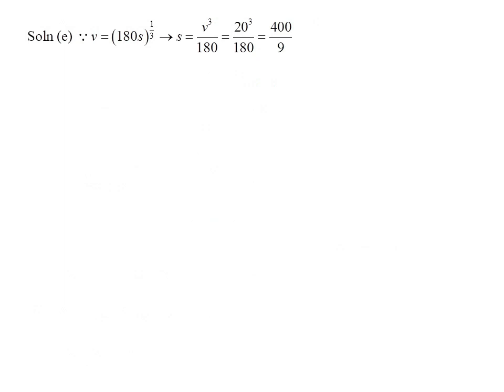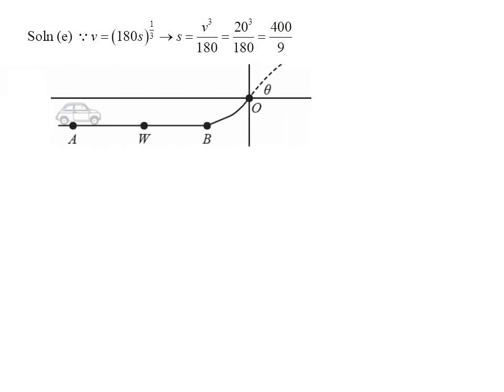Let's refresh the criteria in part E, as this is a long question. After the car leaves point A, it accelerates to reach a speed of 20 meters per second at point B. However, if the stunt is called off, the car immediately brakes and reduces its speed at a rate of 9 meters per second squared. It is only safe to call off the stunt if the car can come to rest at or before point B. Point W is the furthest point along the section AB at which the stunt can be called off.